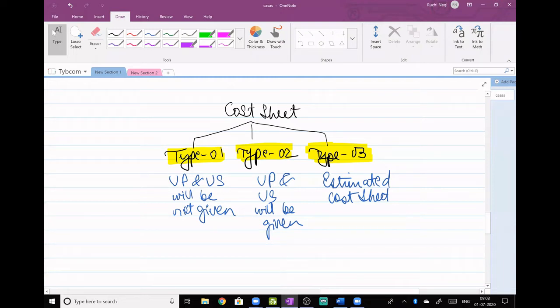And type 3 cost sheet is estimated cost sheet. Fine. So as per the type, the level will also increase. So type 1 is easy, type 2 is mediocre, and type 3 is a little bit difficult, okay, not much.